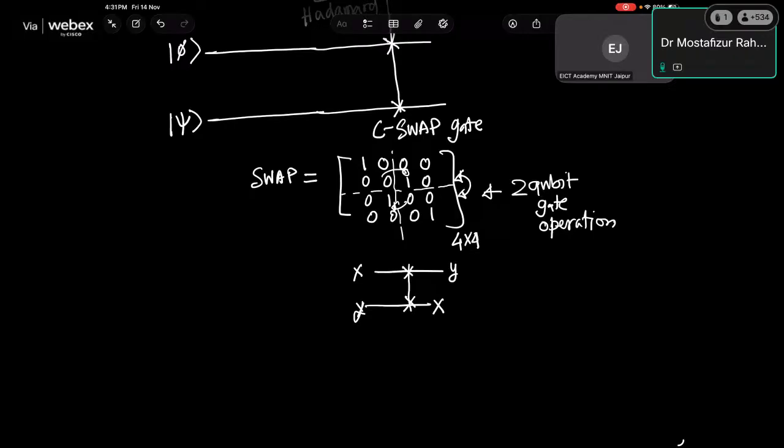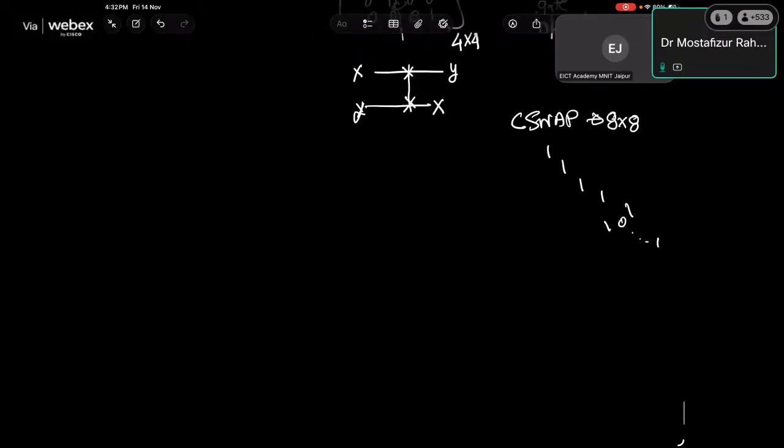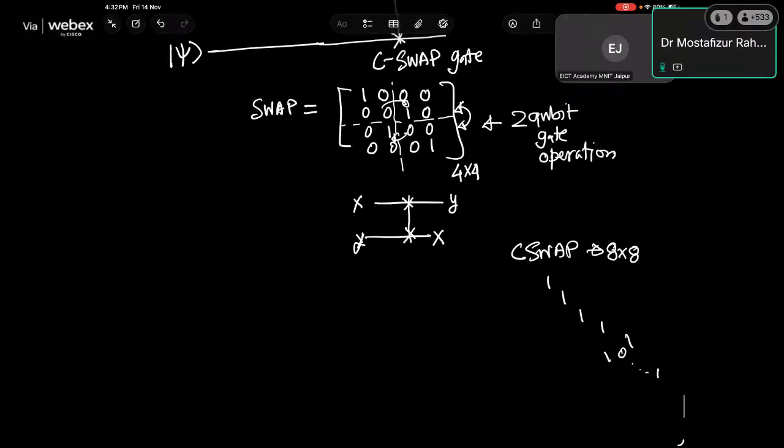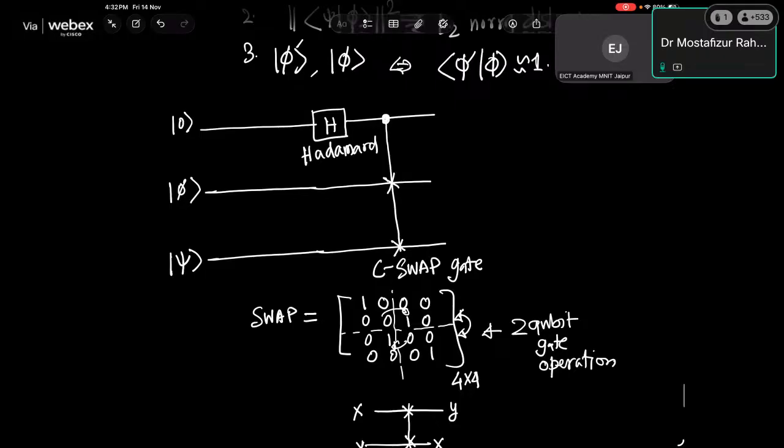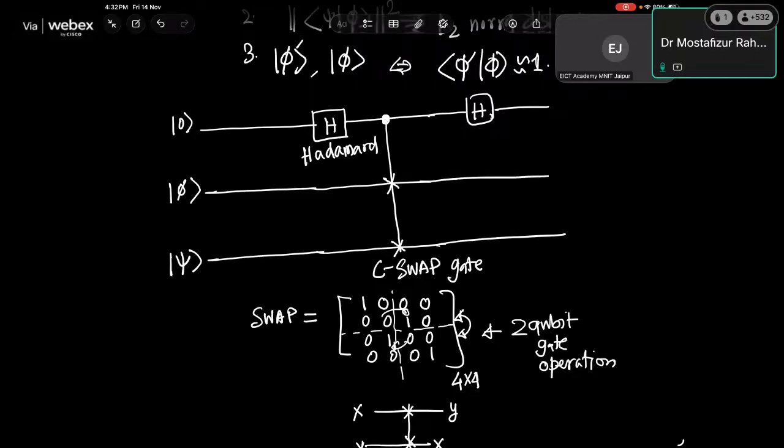Instead of the matrix definition, which is an 8x8 matrix with mostly 1s on the diagonal and a swapped block, let's implement it and understand how it works. So in the first qubit there will be one Hadamard, you do nothing on the second and third qubits, and then you do a measurement.